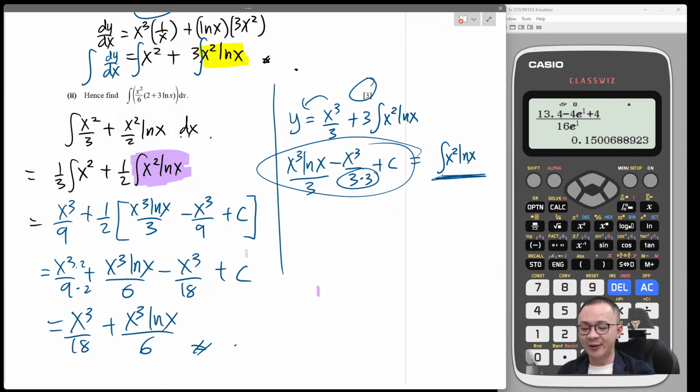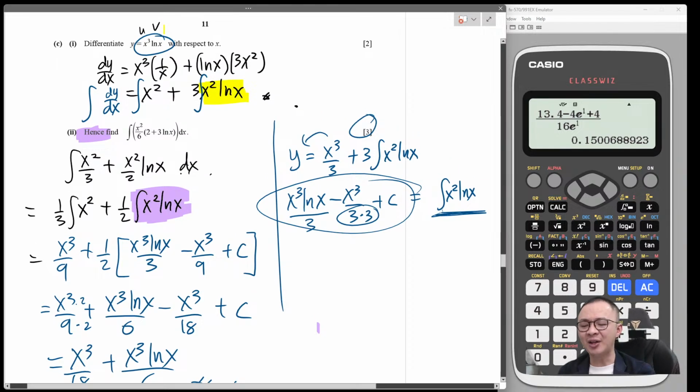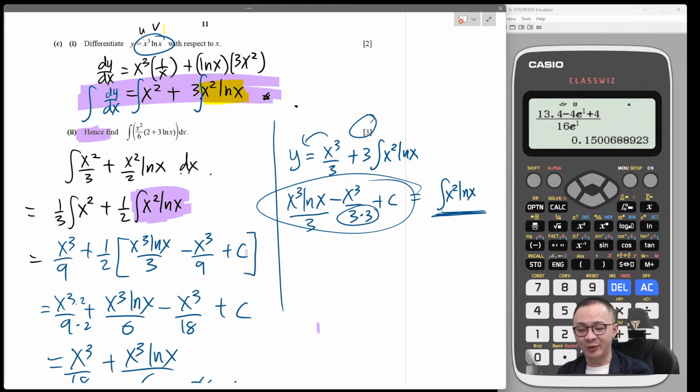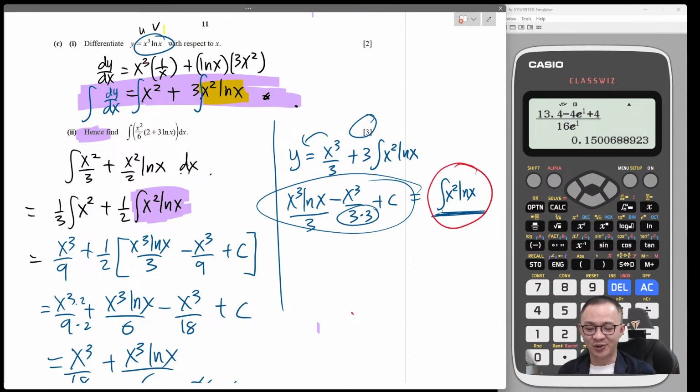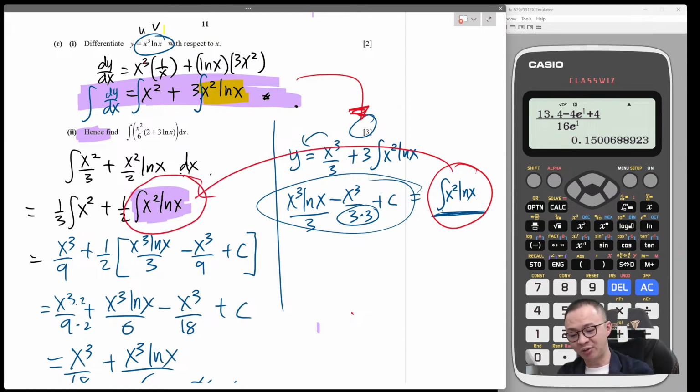This is why you see the word hence here. Why do they want to say the word hence? Because they want you to use the answer from part C1 and simplify until you get the integral of x squared ln x. I've simplified my solution from C1, and I keep simplifying until I get the integral of x squared ln x as the subject. Because I want to substitute this one into here, whatever I have here into here.